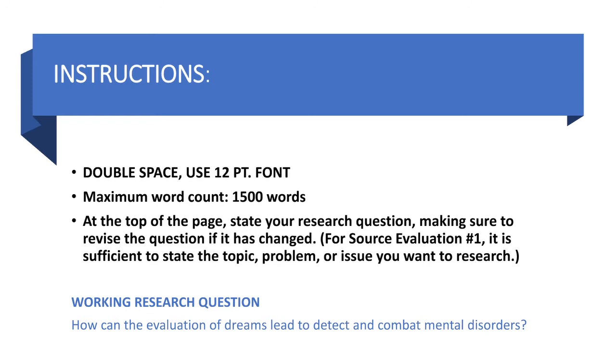At the top of the page of your source evaluation, state your research question and keep it up to date as the semester proceeds. It will change. I realize that at this point in the semester you don't probably have a research question, so it will be sufficient to state the topic you are exploring.